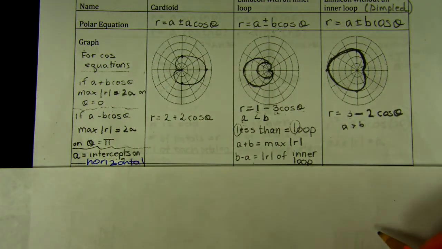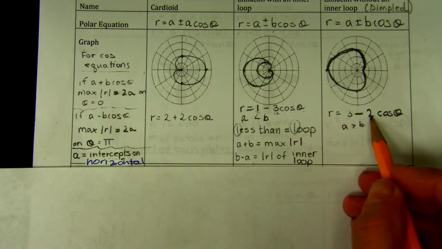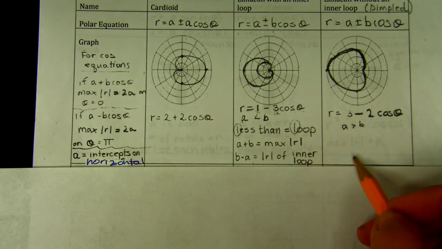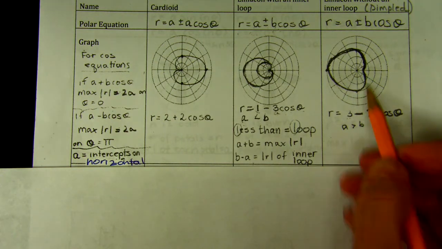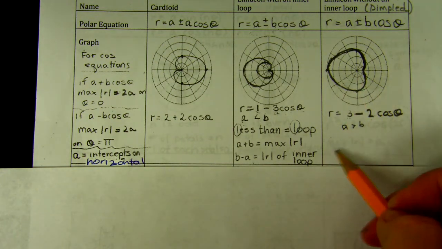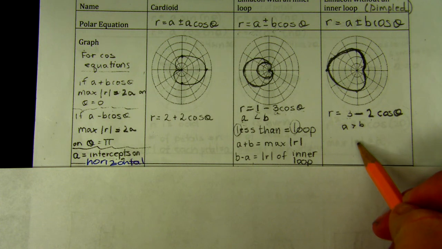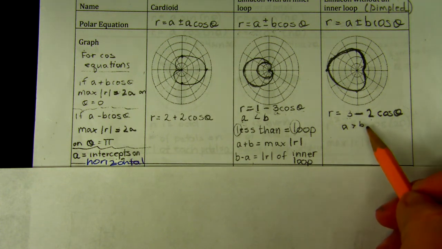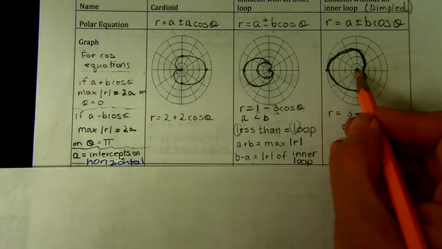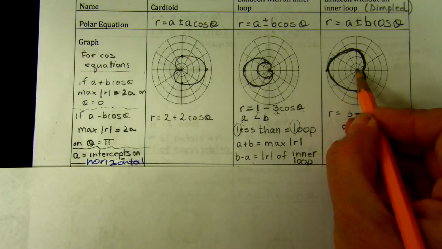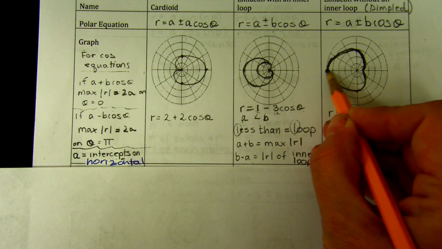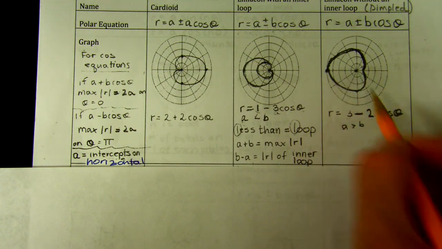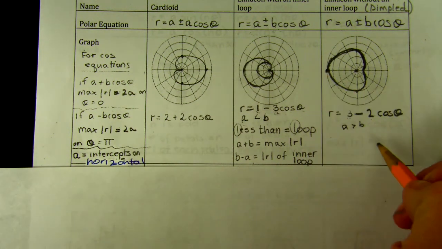And again, a and b tell us some really important things. A plus b gives me that maximum radius. So a plus b is 5, so that gives me that maximum radius. So a plus b tells me this: 1, 2, 3, 4, 5, the maximum radius from the pole.